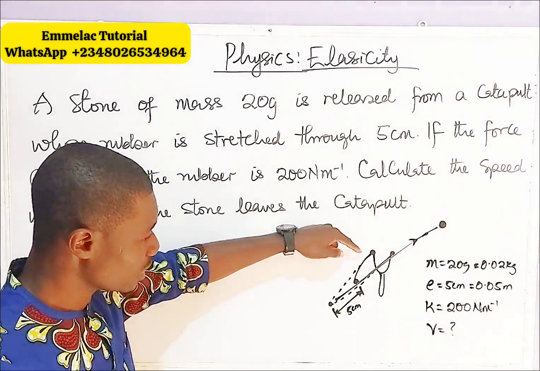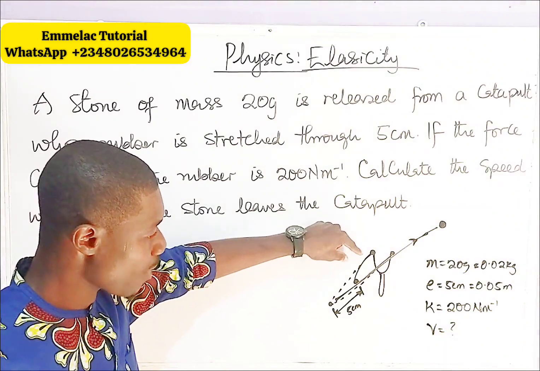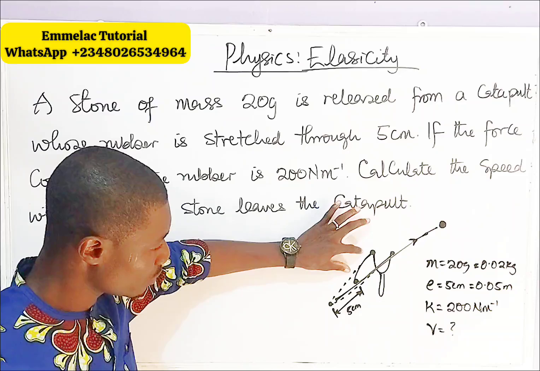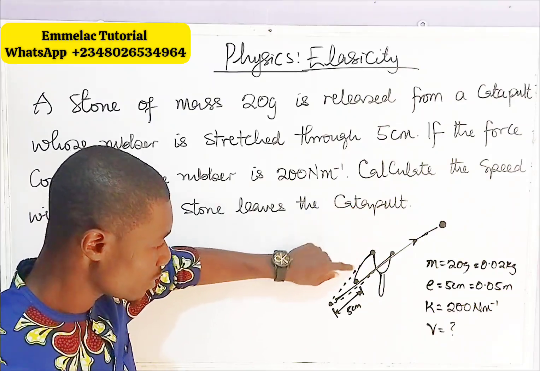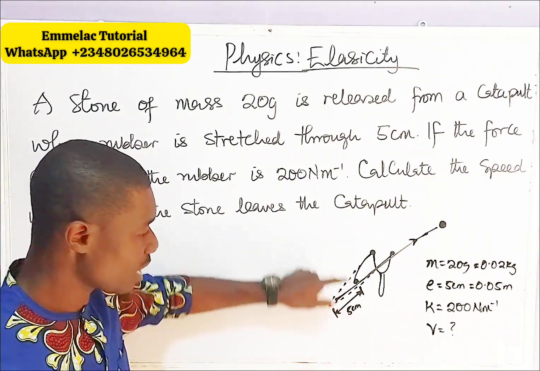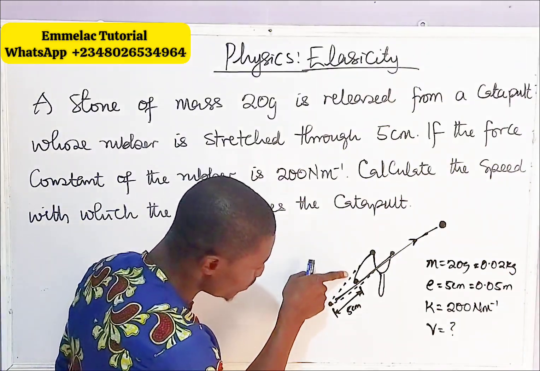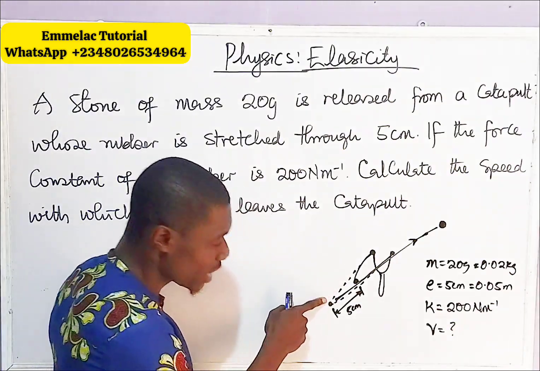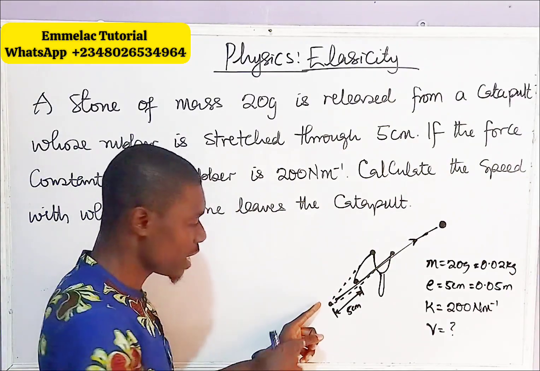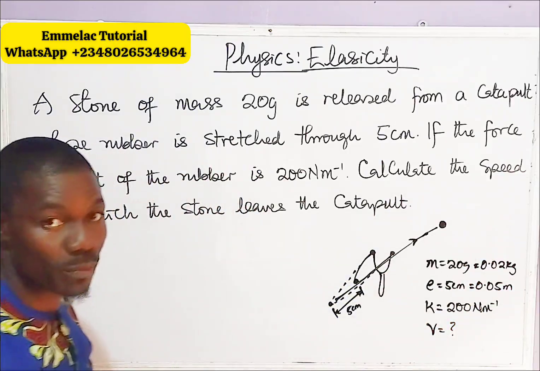Now, there is a work done here in which when we apply a force on this rubber, it causes an extension of 5 centimeters. Now the work done in bringing this stone from this point to this point is equal to the kinetic energy with which the stone leaves the catapult.